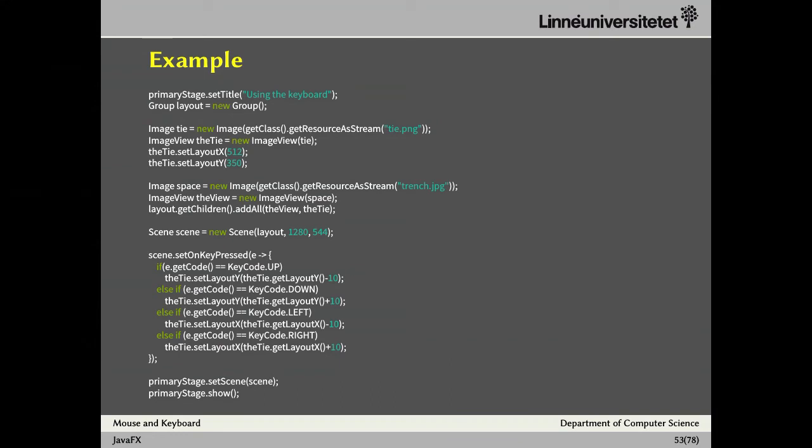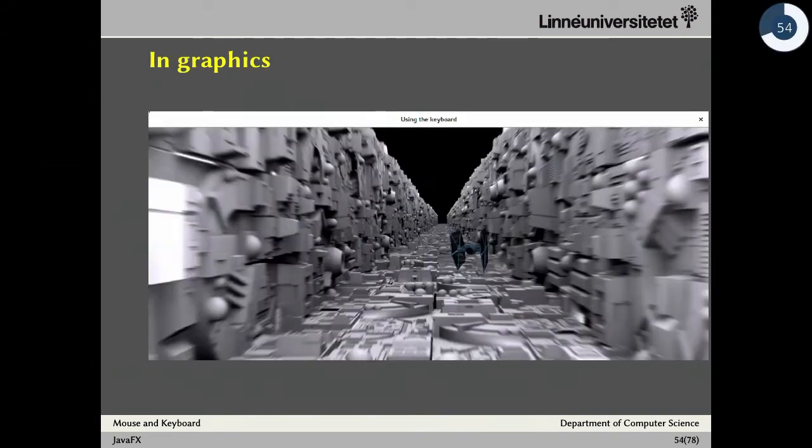And then we check what key was pressed, and I check for key press up, down, left and right. And if, for example, I press up, then I change the position of the image, up, then the Y will be 10 pixels less. And then we get something like this. And it moves.